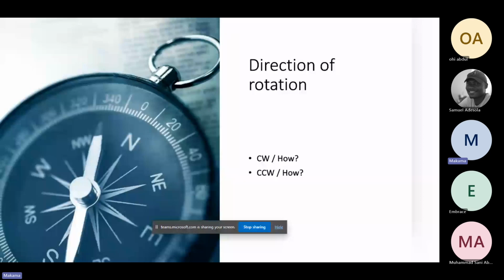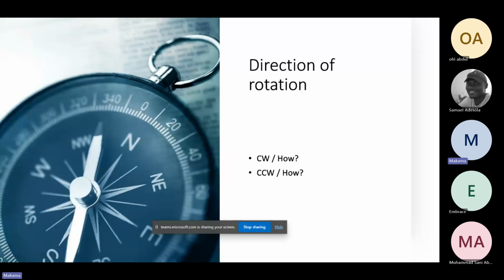The clockwise rotation is obvious, right? It is just the motor turning in the clockwise direction. And we also have the reverse direction, which is the counterclockwise direction.